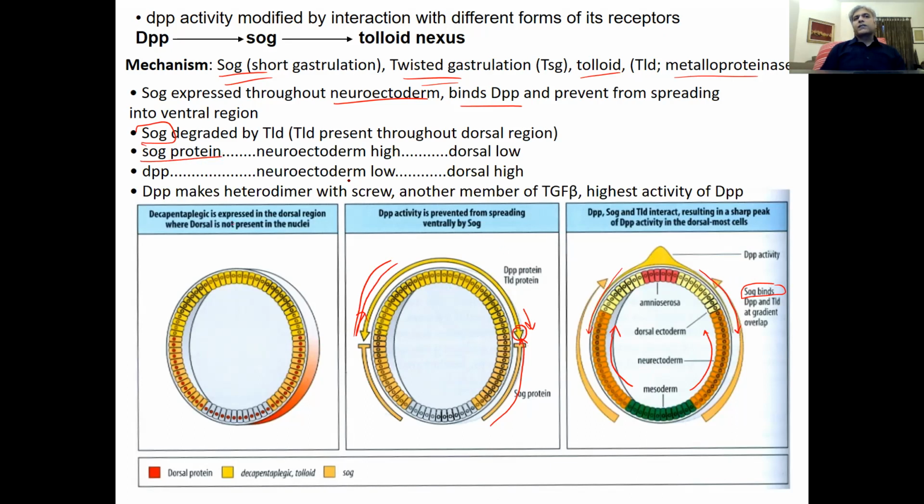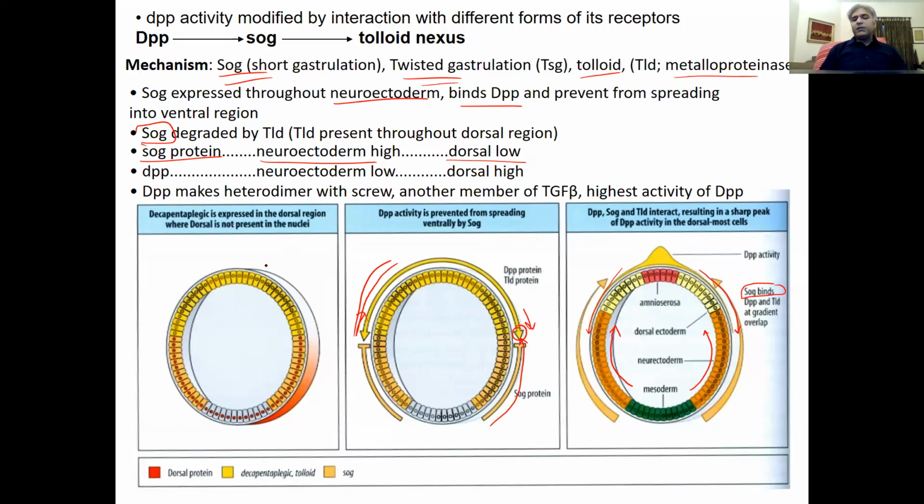Short gastrulation is high in neuroectoderm, and DPP is restricted only to the dorsal region. Short gastrulation is low in dorsal ectoderm, where tolloid degrades it, and DPP concentration stays relatively high in the dorsal ectoderm compared to neuroectoderm.